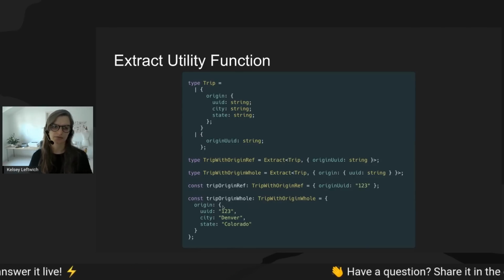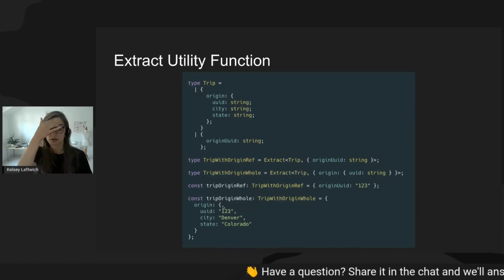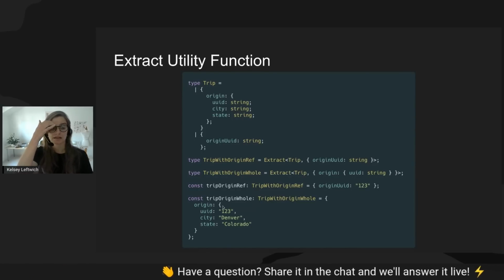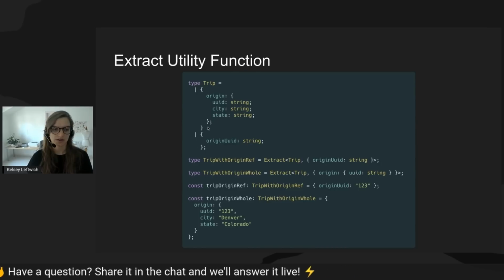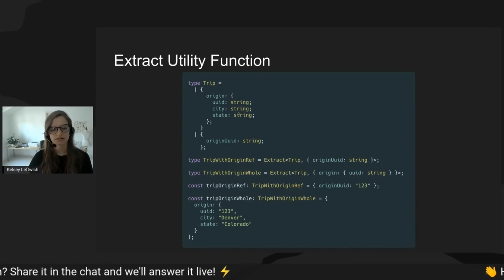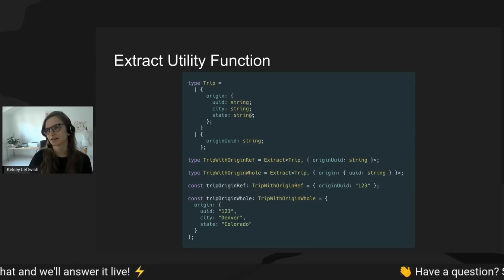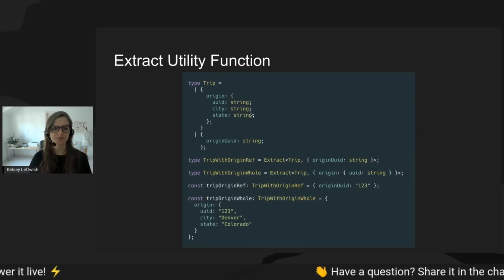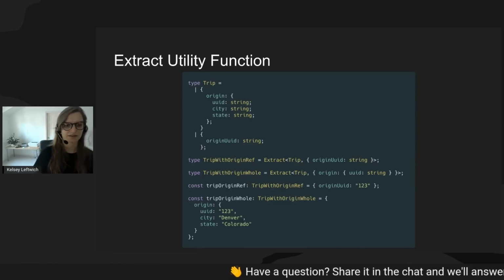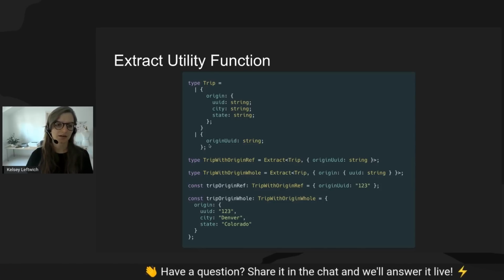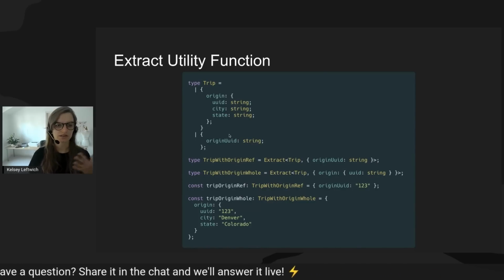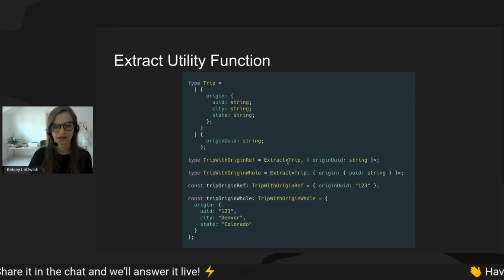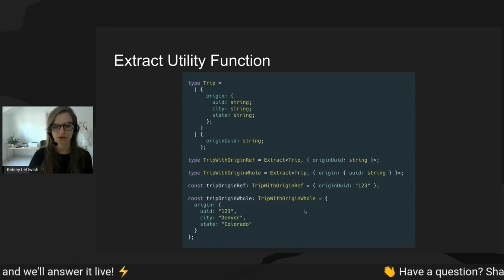This is really powerful when you're using code gen because you can get back a lot of unions, and it can be really frustrating to figure out how to use just one part, because you'll get errors that these are not compatible types. I'm expecting an object that has origin UUID, or an origin that has all these things, and you're like, well, I know it's going to be one or the other. How do I know? You can use this TripWithOriginRef.